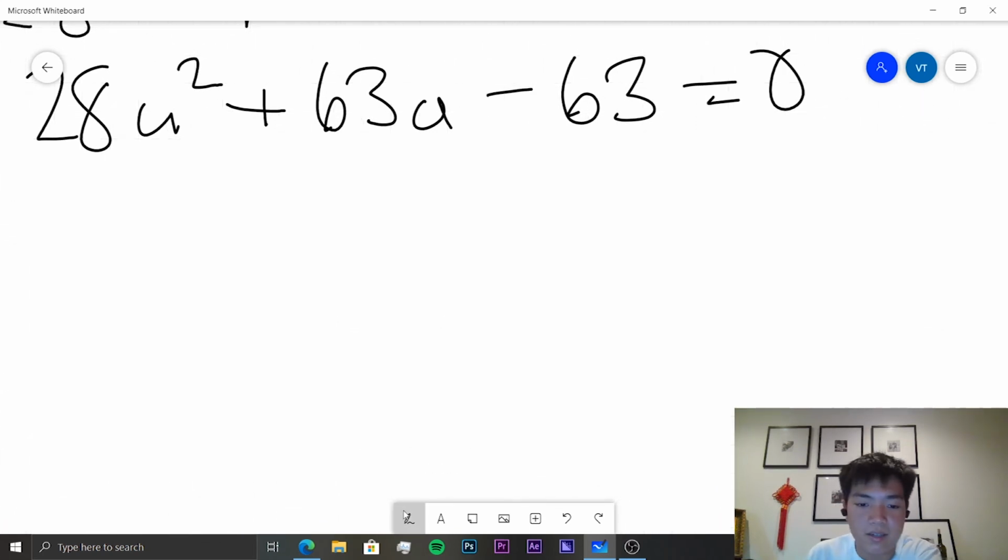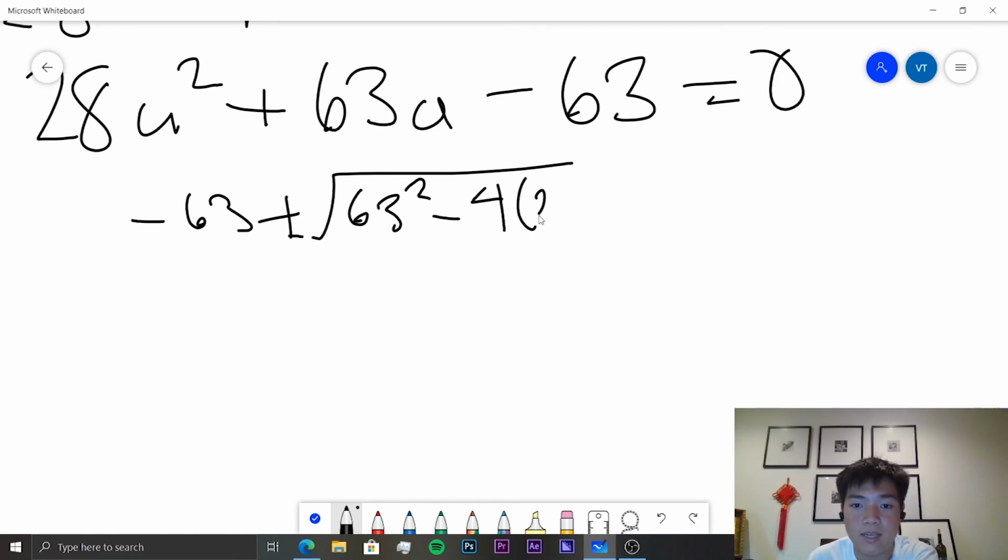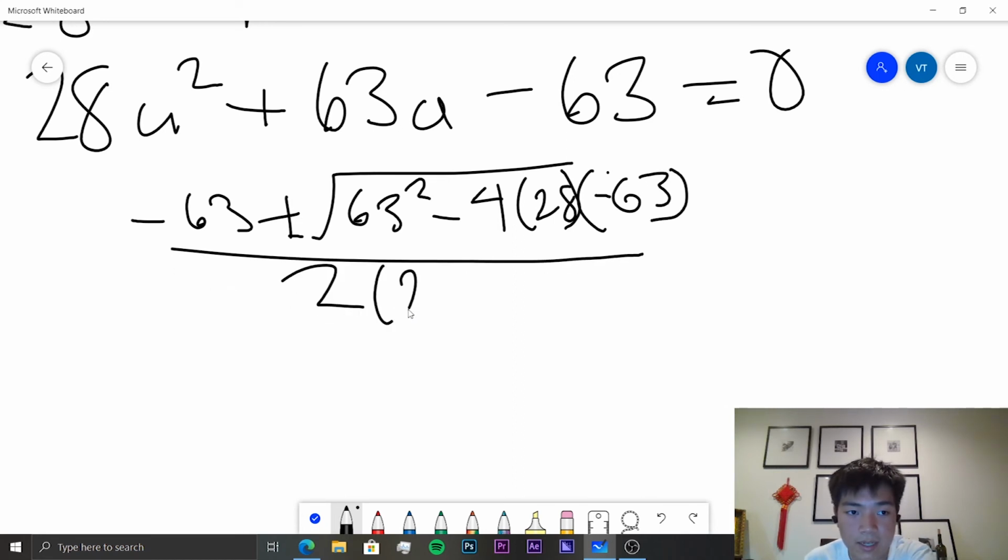So I'm going to use the quadratic formula here. Negative b, negative 63, plus or minus the square root of 63 squared, minus 4 times 28 times negative 63. So this definitely has two answers. Divided by 2 times 28.